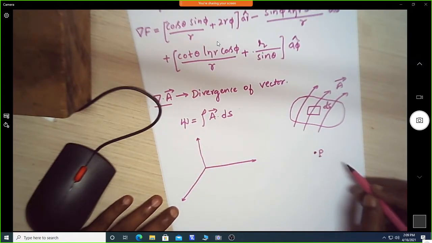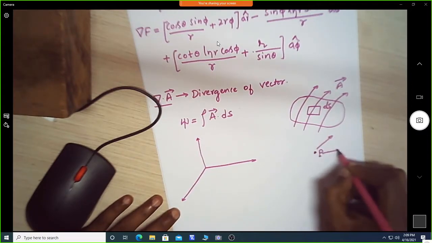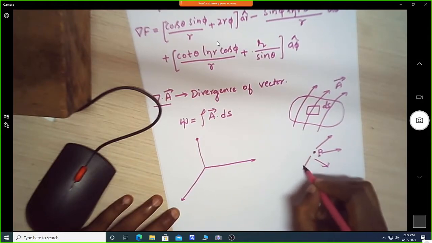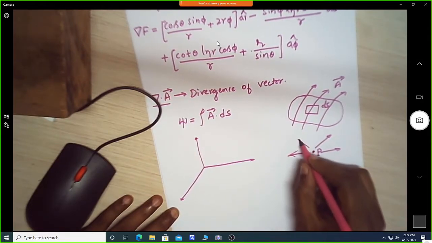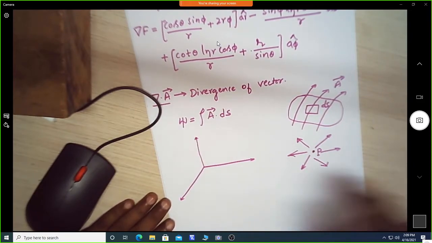The divergence of vector A at a given point P is how much outward flow of this flux or vector A there is.